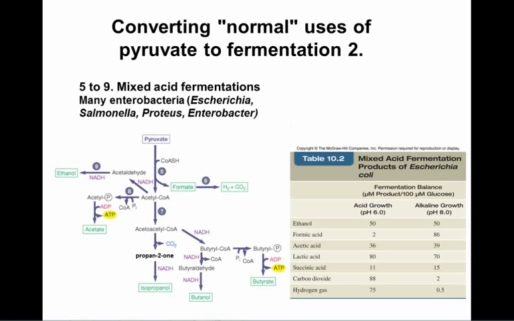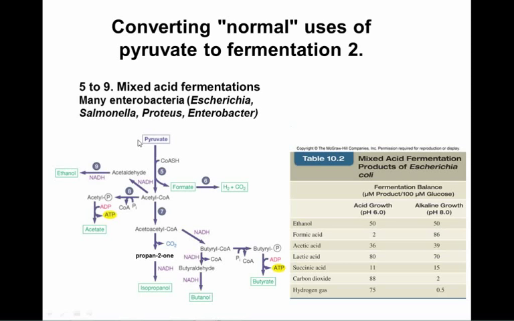Carbon dioxide is kicked out, and you get formation of another NADH. That's exactly what you don't want in a fermentation reaction, because you're trying to get rid of the electrons. You already have too much NADH. You're trying to recycle this to NAD+, the oxidized form.